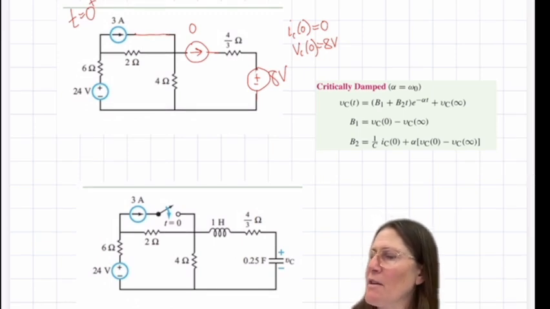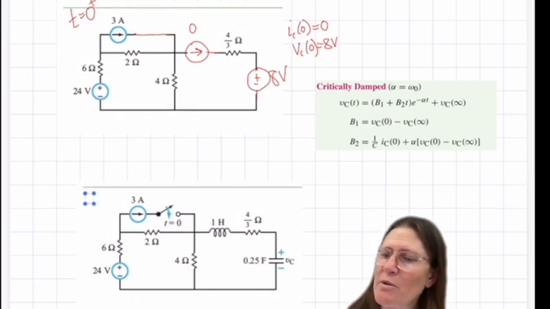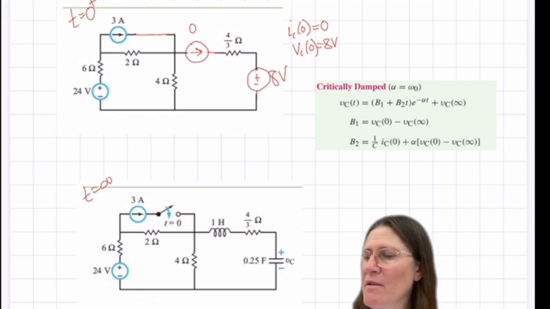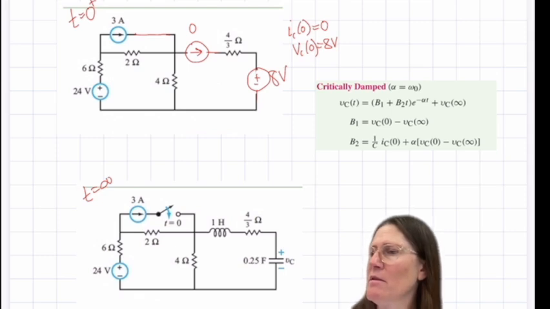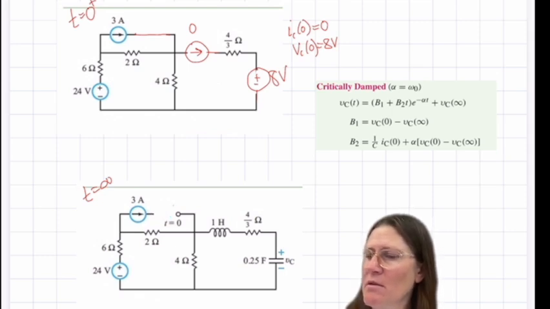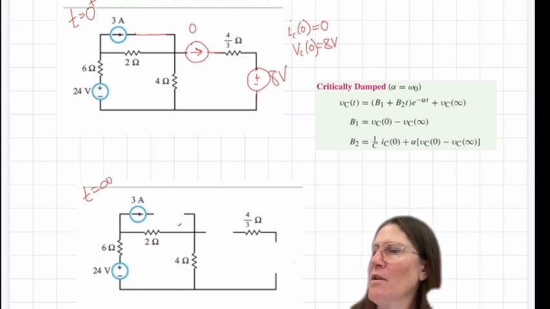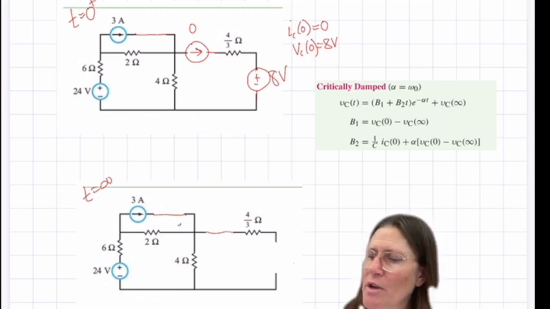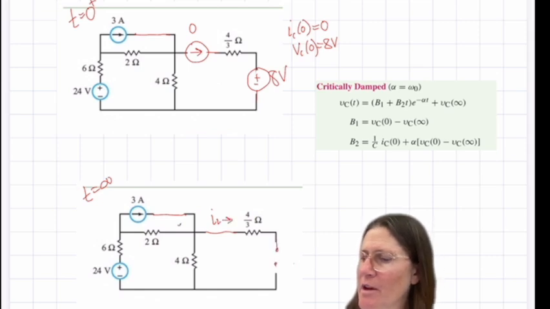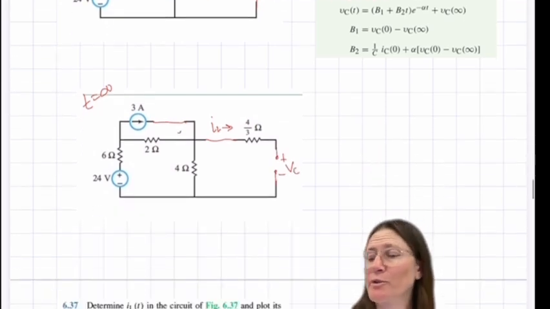Okay, and then for t equals infinity, switch is closed, inductor wire, and then the voltage VC across the capacitor's open.